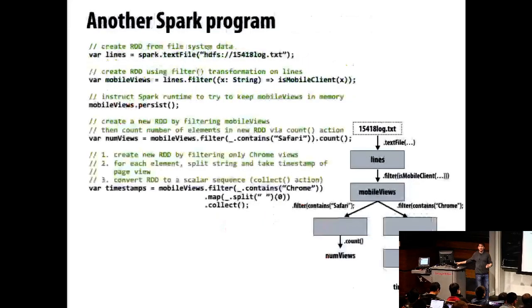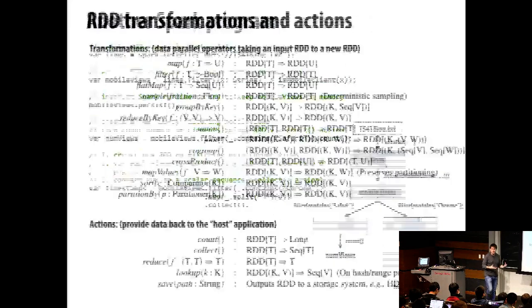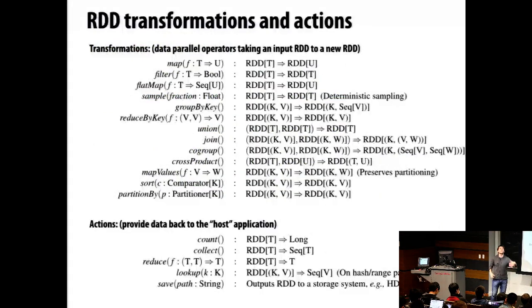And so Spark provides you a list of various operations, in the same way that your sequence library in 210 provided you map and reduce and various operations on data parallel sequences. Spark provides you the exact same thing, and all of the major things you would think of are here.